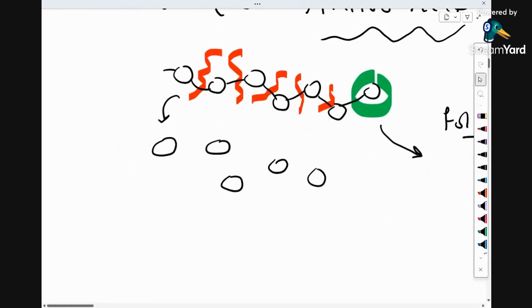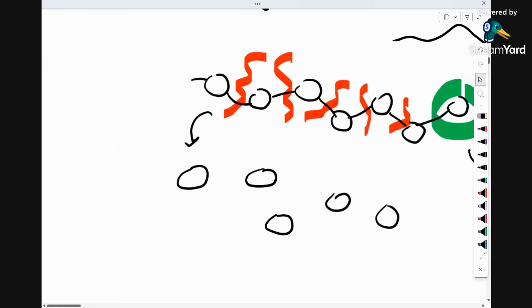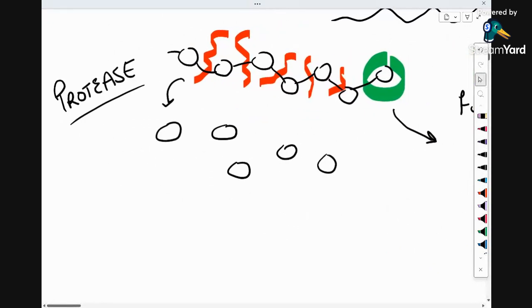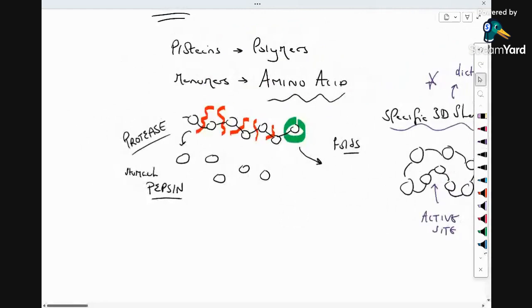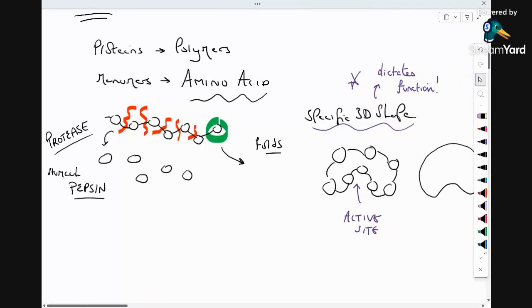And we refer to that as a family of enzymes called proteases, or protease. One of the examples of that is in the stomach, where we use the example of pepsin. Okay, it breaks down proteins into amino acids.